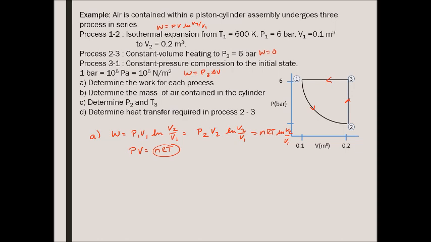So we do have T1, P1, and V1, and V2, but we don't have P2, and we don't have the number of moles yet. So the easiest one to use is going to be this first one, because we have all the information. So P1 is 6 bar, and 6 bar is equal to basically 10 to the 5th pascals.